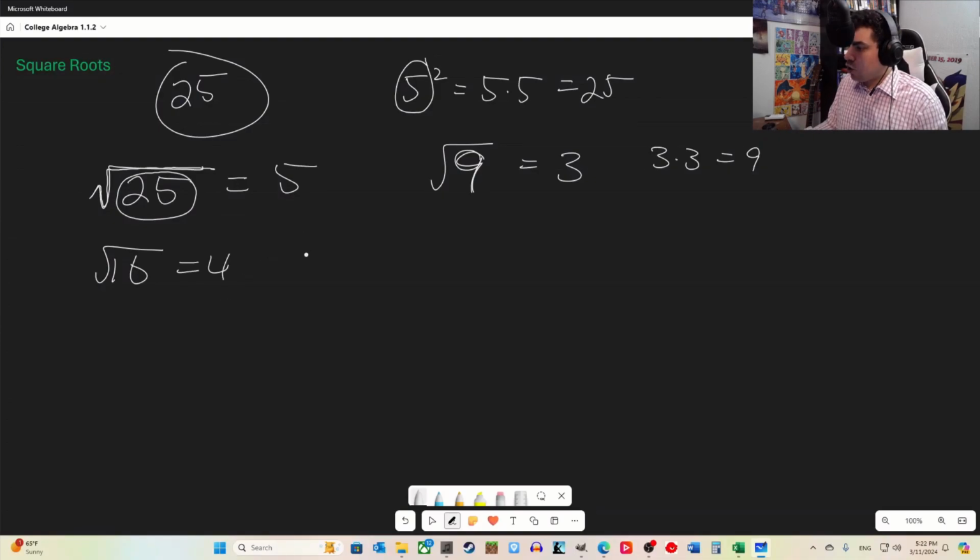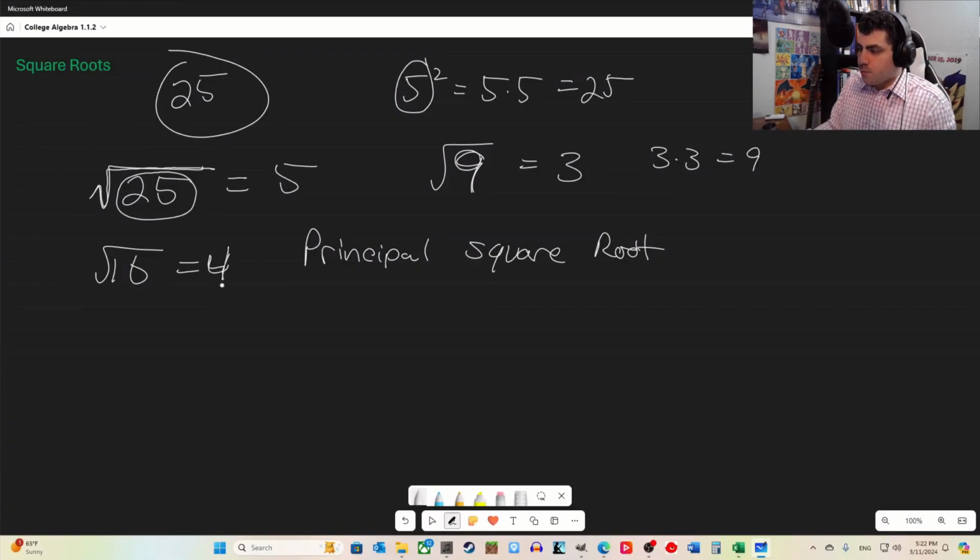That is called your principal square root. I probably misspelled that. I hope not. That's your principal square root, because you want to know what whole number will give us this number under the radical symbol or the square root symbol.